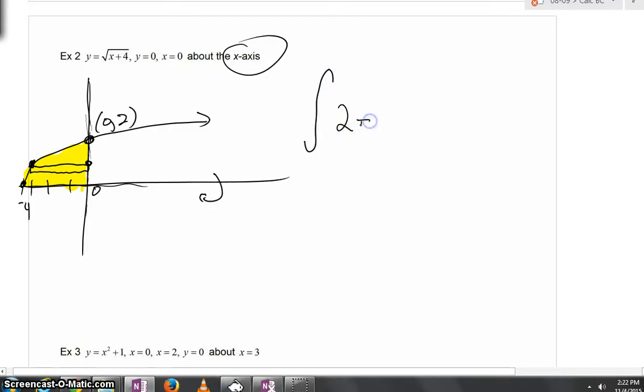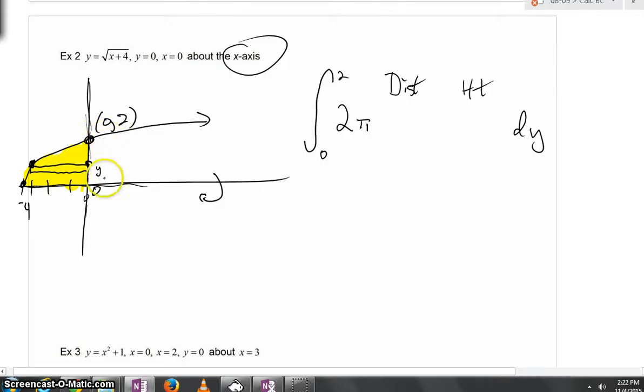It tells you, in essence, that you're integrating with respect to y. And that's so very, very important. As we look at the boundaries for that, of course, we can say we're going to integrate from 0 up to 2.